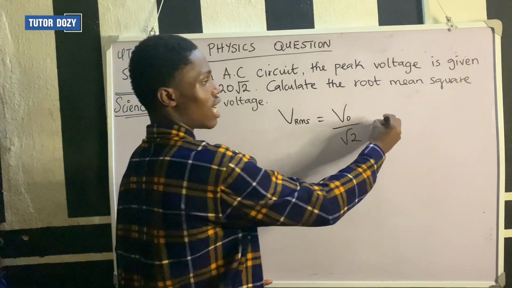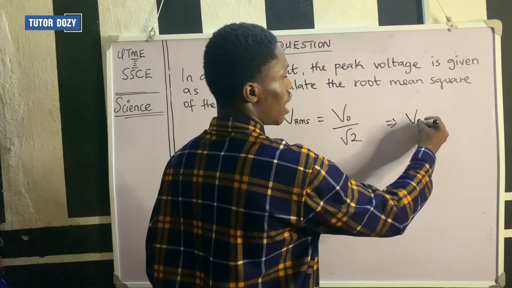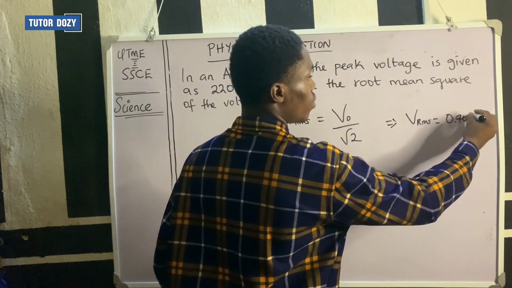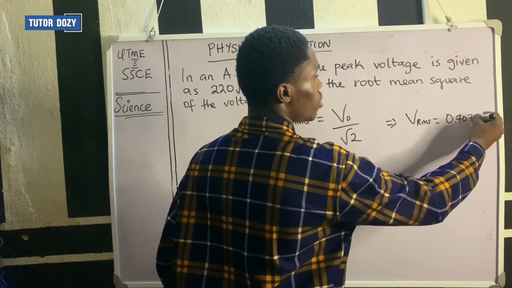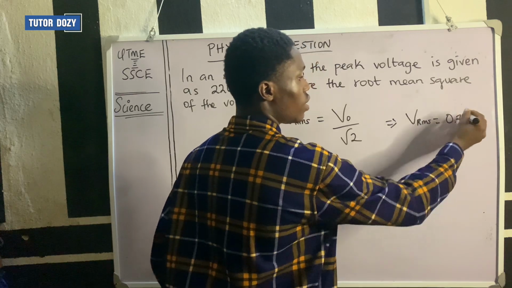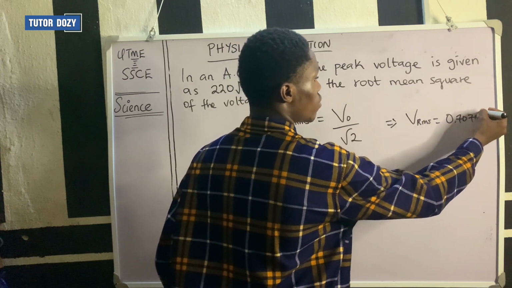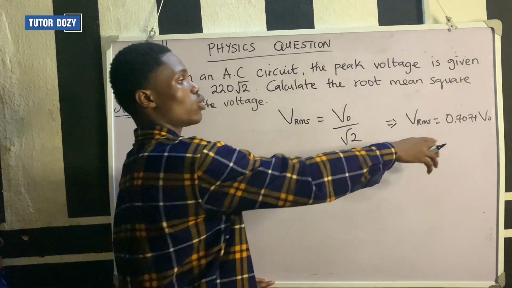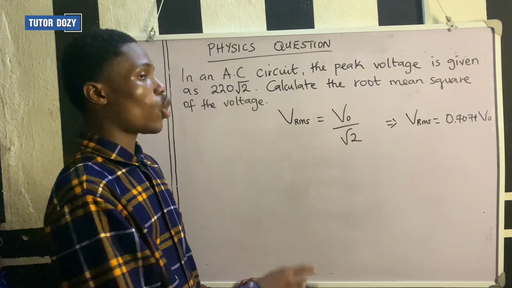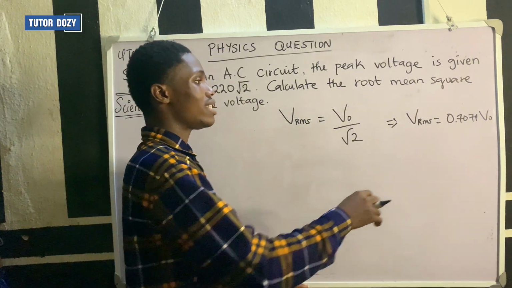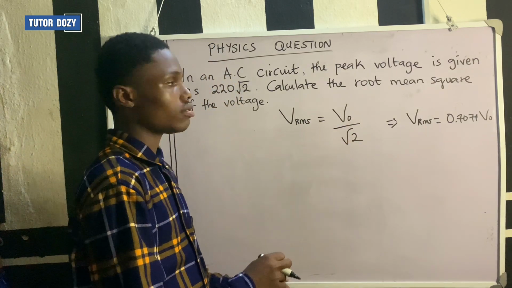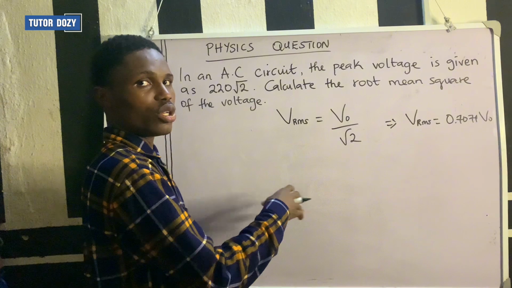Sometimes you might see it as V RMS equals 0.707 V naught, because 1 over root 2 is approximately this value. So substituting the values, you arrive at your answer.